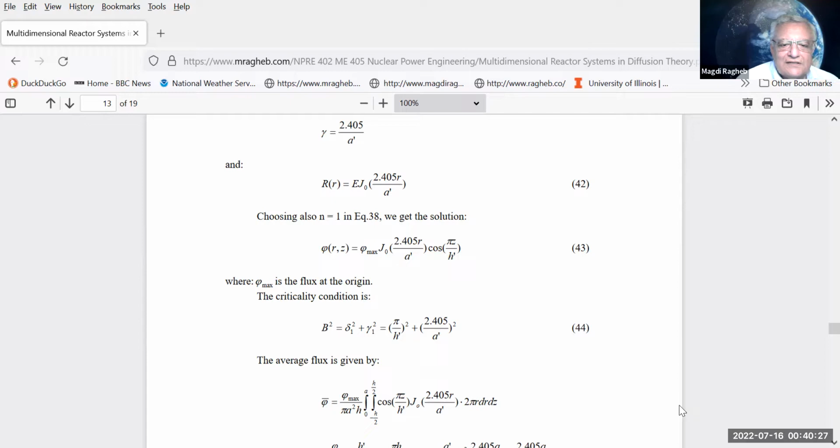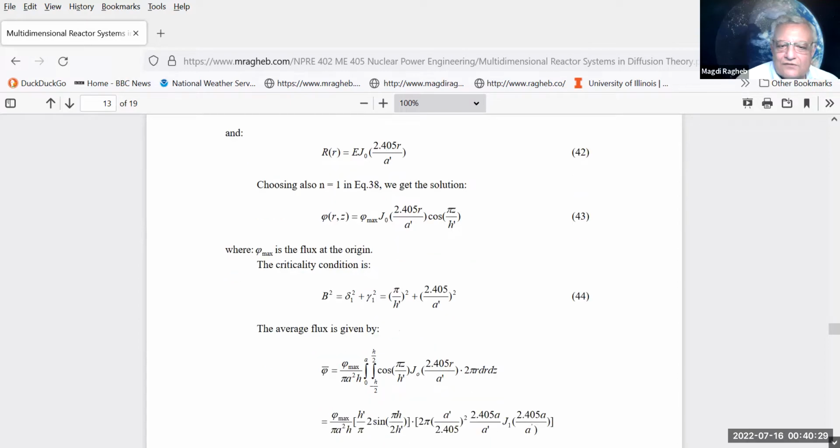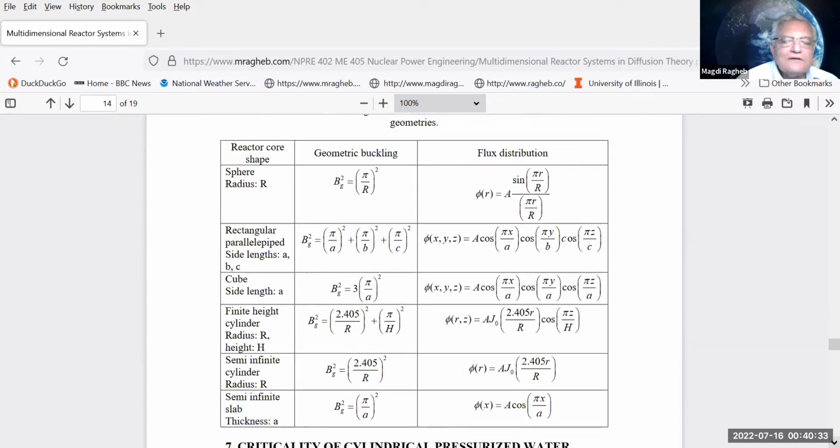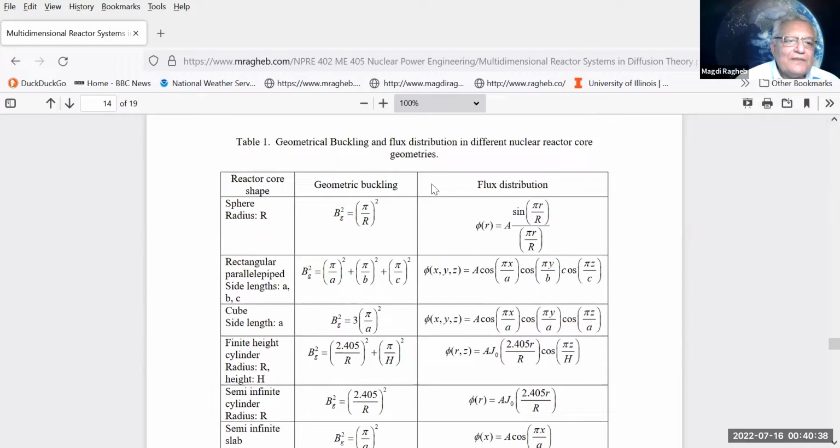And we can write now the equation for the flux as the product of the J naught function and the cosine function. In general, then we can construct a table here. What we solved for the buckling for the sphere is pi over R squared, the geometric buckling, and the flux distribution would be a sine of pi r over R, over r.